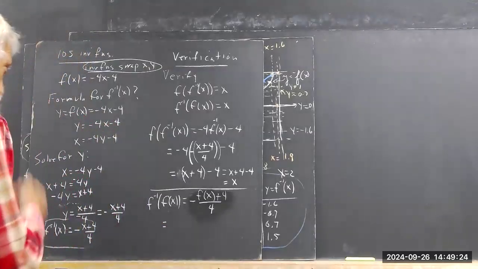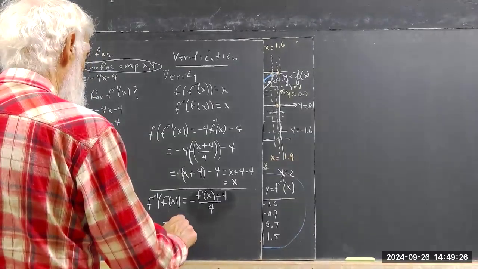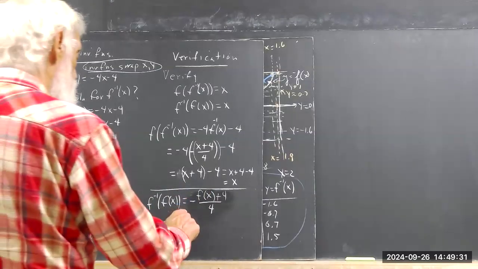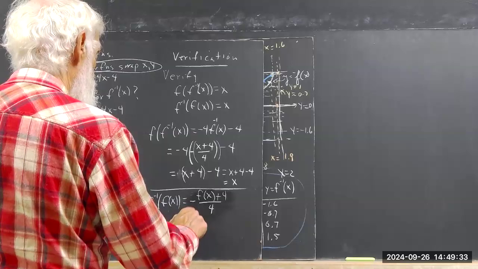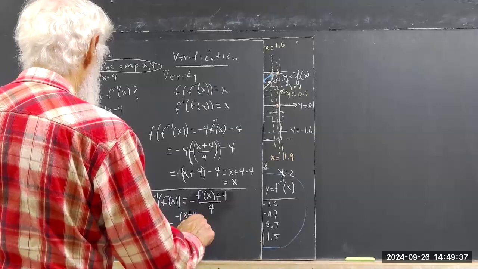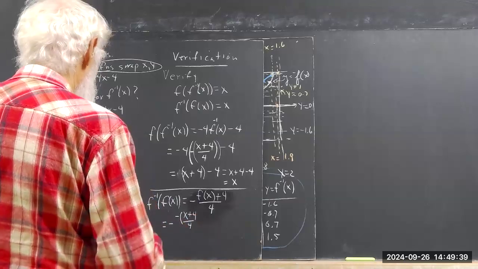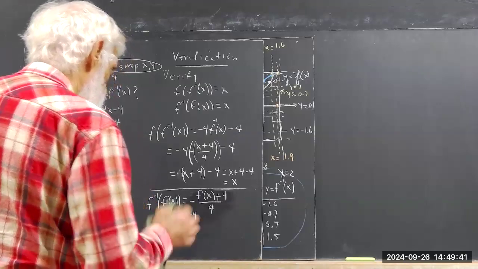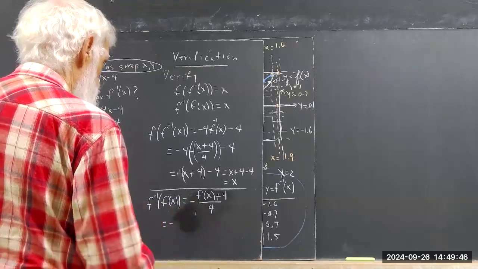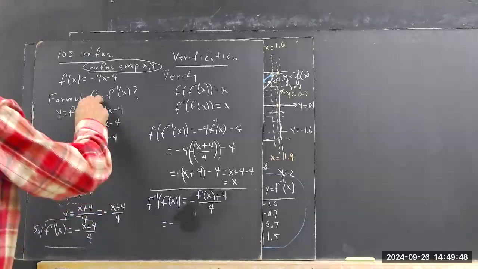Now we can replace f of x with negative x plus 4 over 4. And then I'm replacing f of x with f inverse of x. My attention seems to be down here, rather than up here.